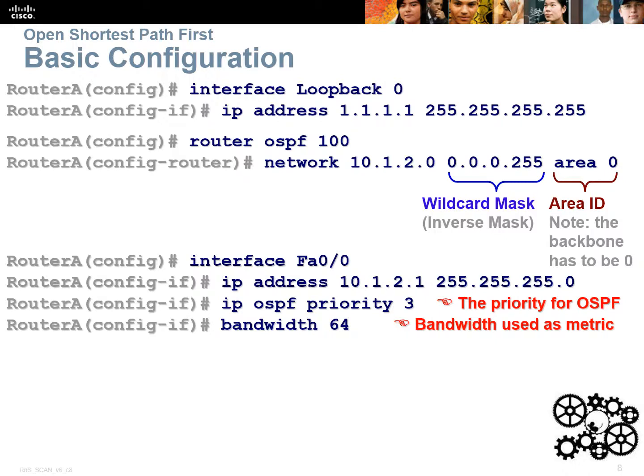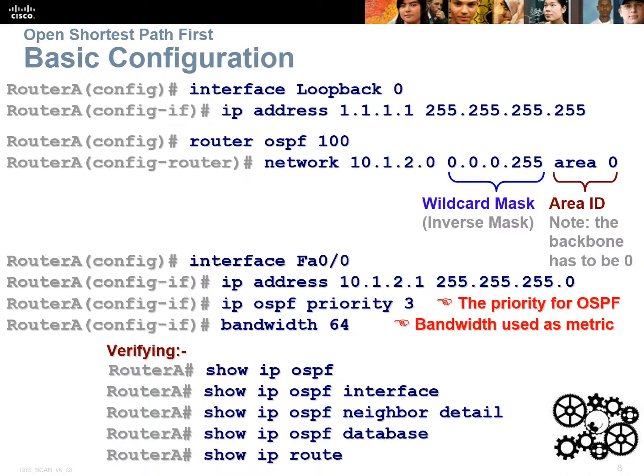Notice here too that this priority command is in interface mode. So if this router has 5 interfaces, you can say one interface is going to be the DR, a different interface is going to be the BDR, and a different interface he can not be the DR or the BDR. It's completely configurable. Useful commands: show ip ospf, show ip ospf interface, show ip ospf neighbors, show ip ospf database.